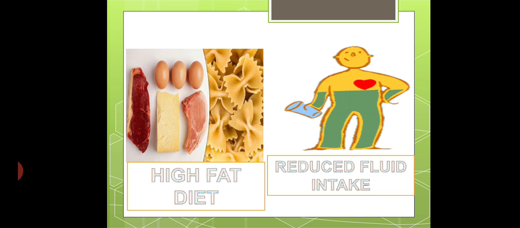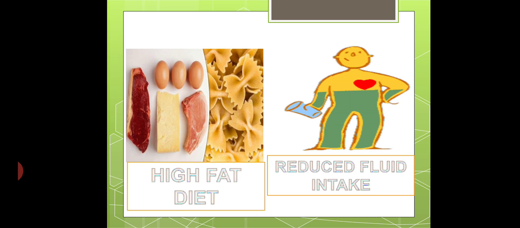That is the main thing: the people who are eating more chicken, more mutton, or taking excessive eggs in their diet, or excessive peanuts, or excessive food which contains fat, they are having problems in their elimination.